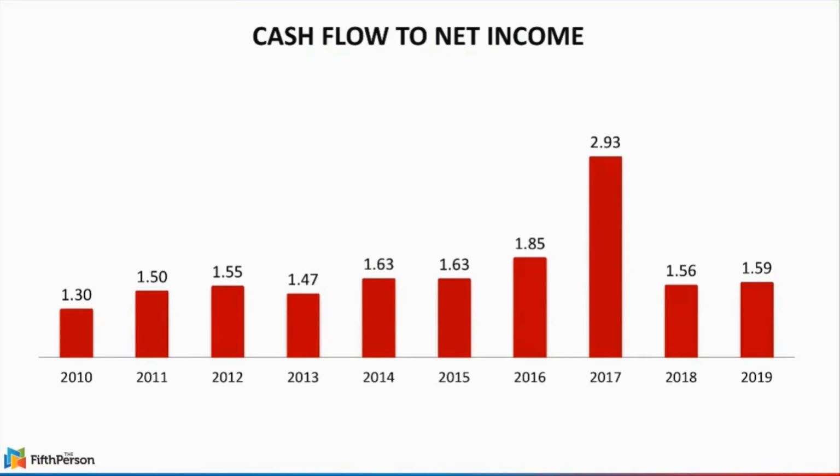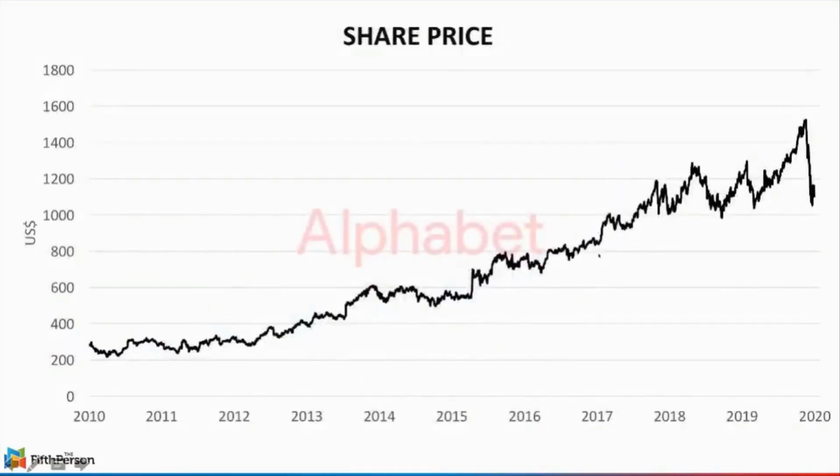From 2010 to the latest share price when COVID-19 hit, you can see that their share price has consistently gone up from 200 plus all the way to 1000 plus. For the past 10 years, they went up about 5 times in returns. So it reflects in those numbers and metrics that I showed you.